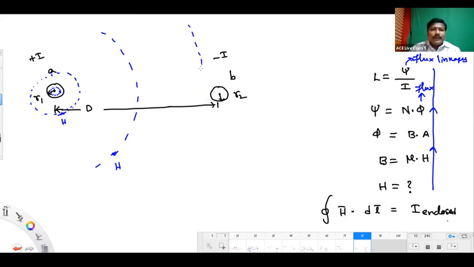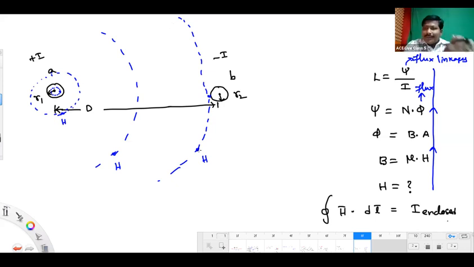I'm reaching one point, something like this, just touching conductor B. If I have taken that big circle and want to calculate the H value here, who will decide that H value? The current enclosed inside the circle. What is that current? Conductor A current only.